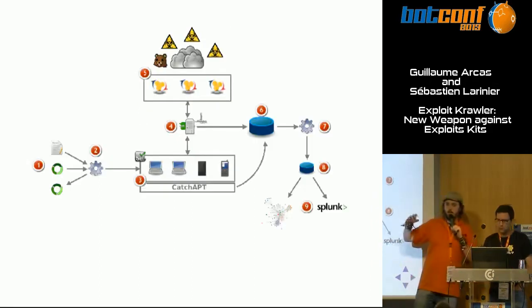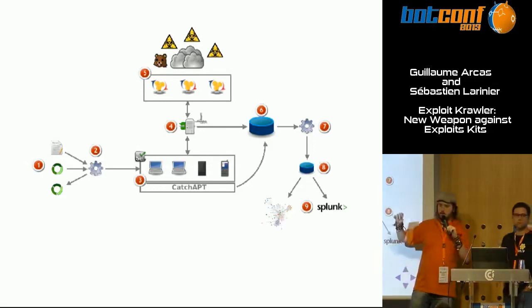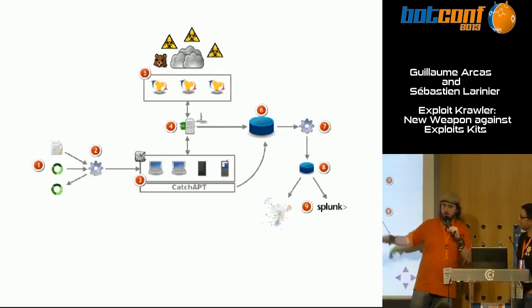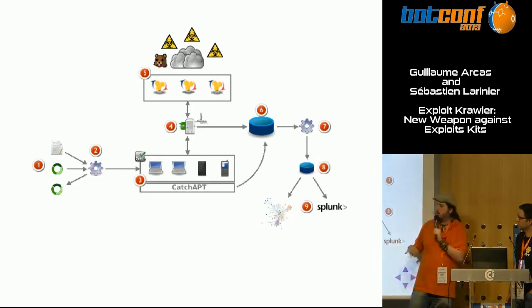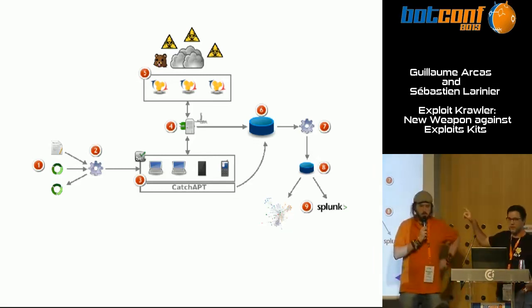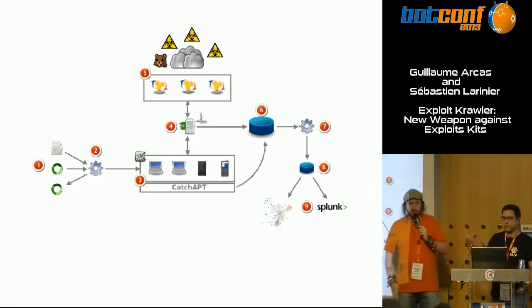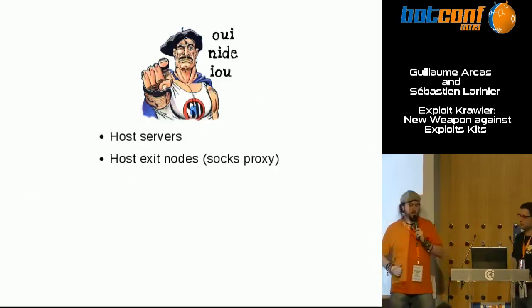Because, for example, Russian malware is launched in Russia only, for only a few malware. In fact, it's box 5 here on the diagram. So we want to have some distributed exit nodes. If you want to host our code, it's a good thing.